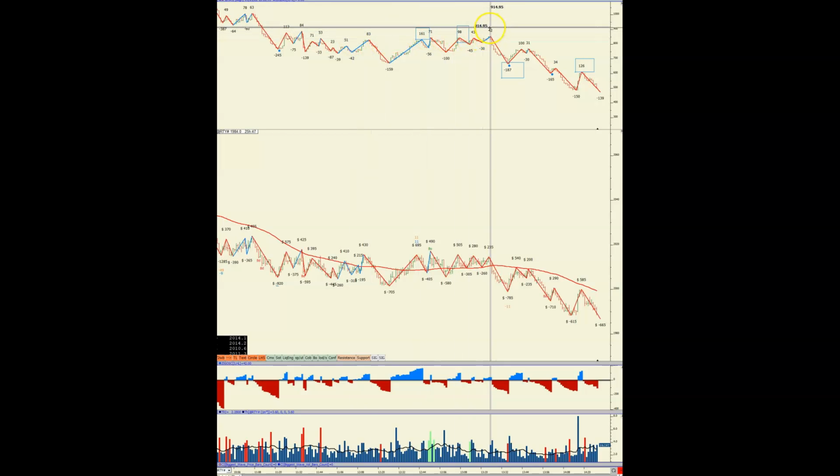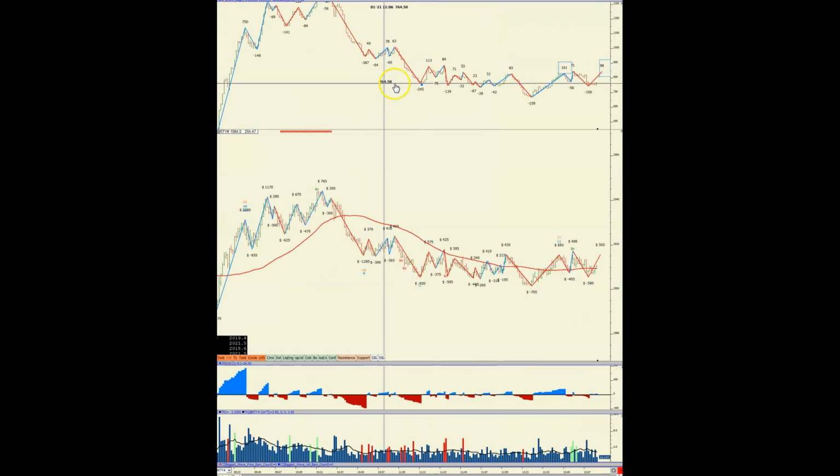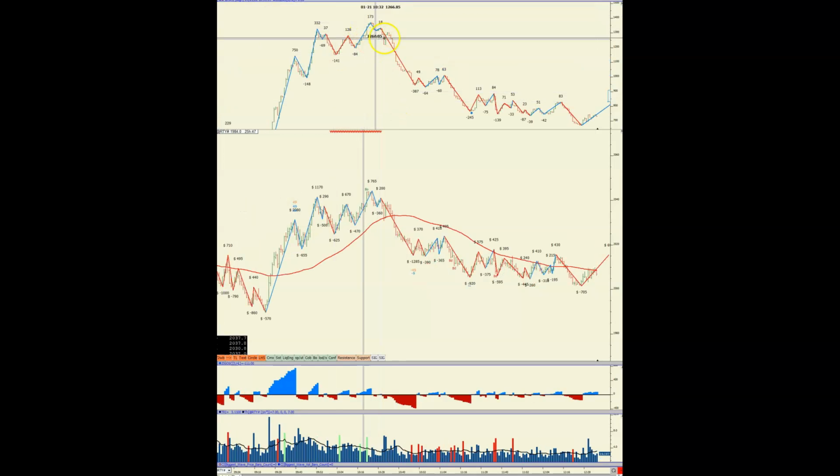That's the smallest, so that's not good. There's no warning up here. Some may say the 18 was a warning, but I don't think it is. Like over here, the 18.